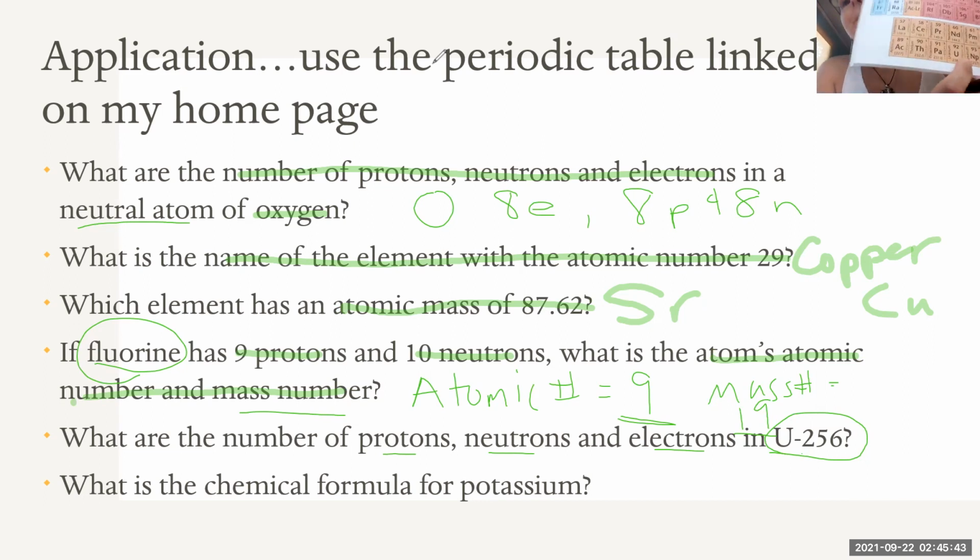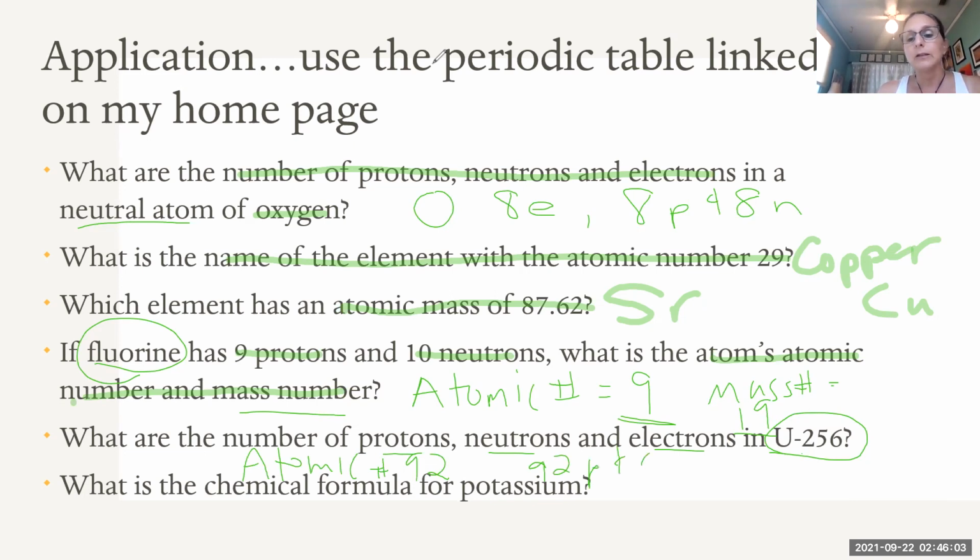You're down here in the actinide series. You can see that it's the U, and its atomic number is 92. That means it has 92 protons and 92 electrons.